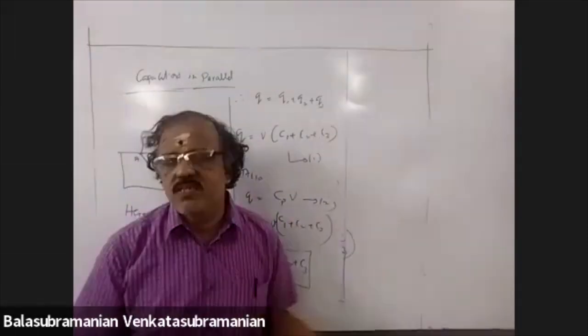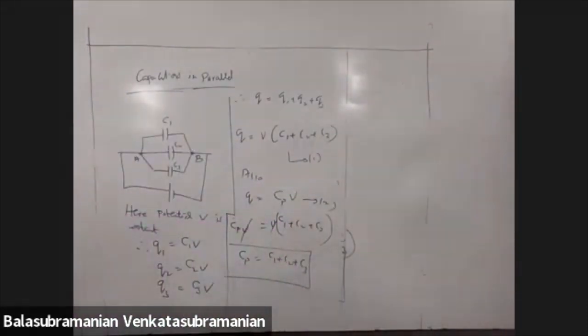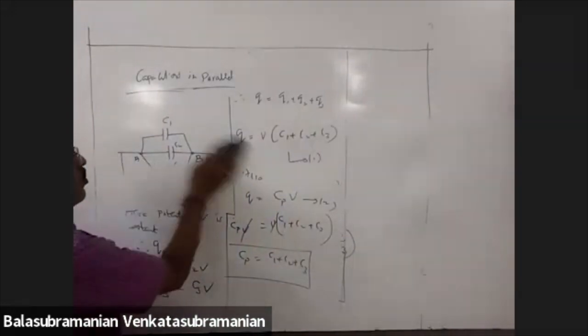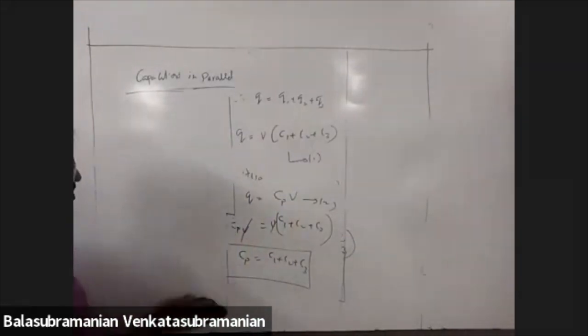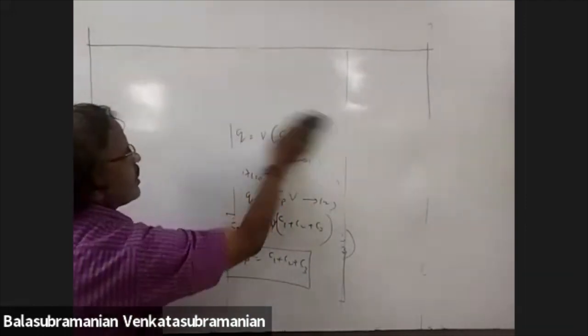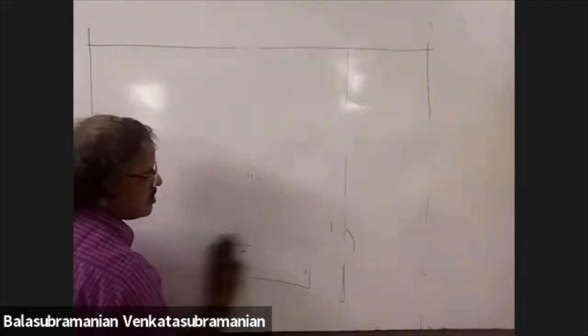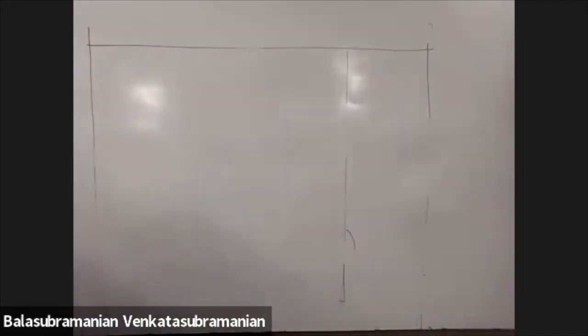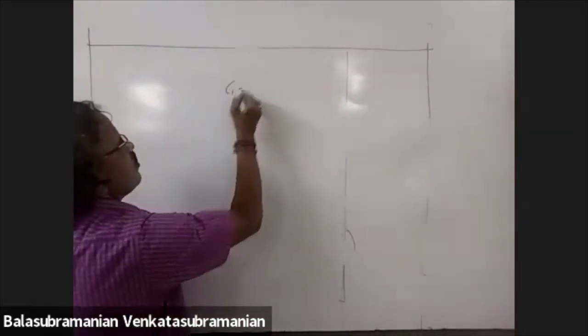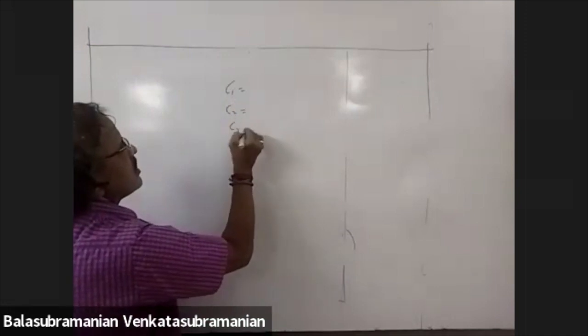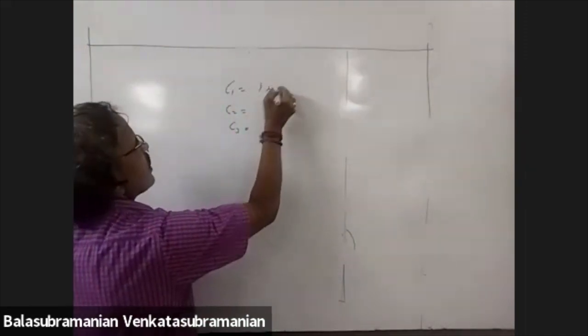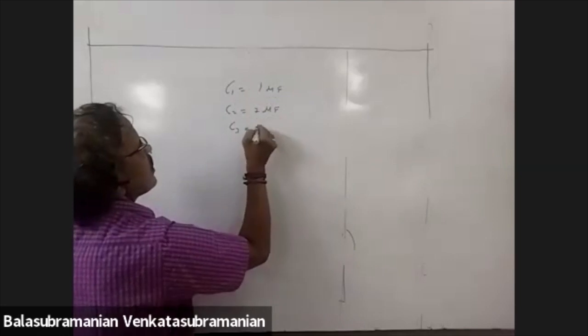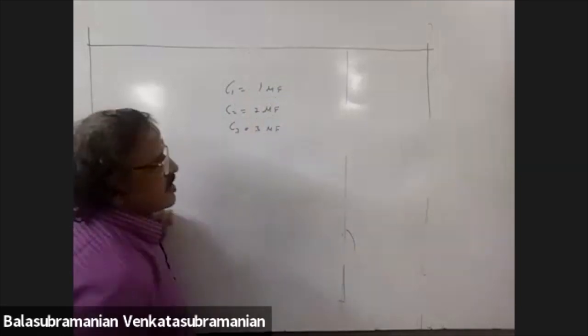We can use small values and prove what the resultant capacitance is. We can find, in series and in parallel, the resultant for three capacitors C1, C2, C3: 1 microfarad, 2 microfarad, 3 microfarad.